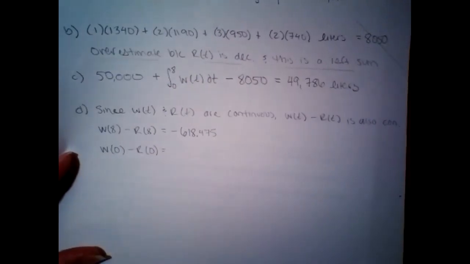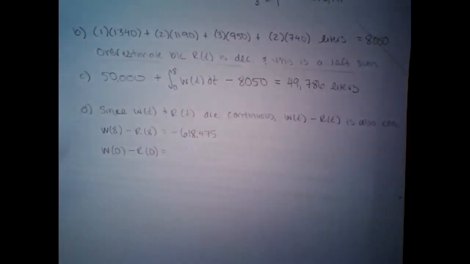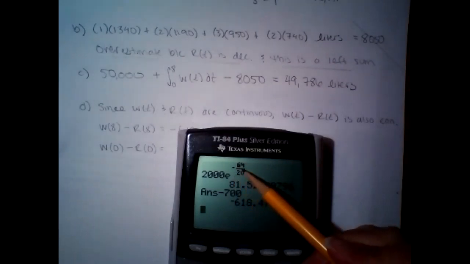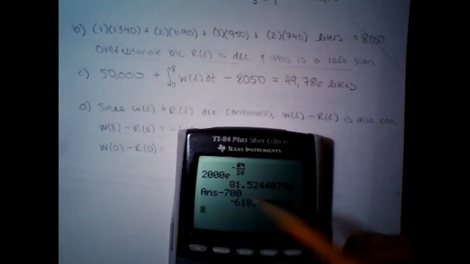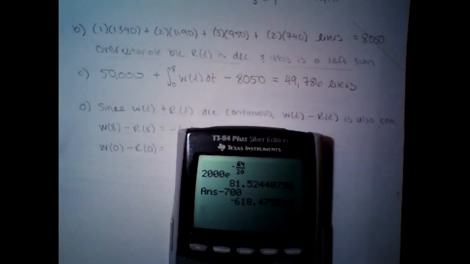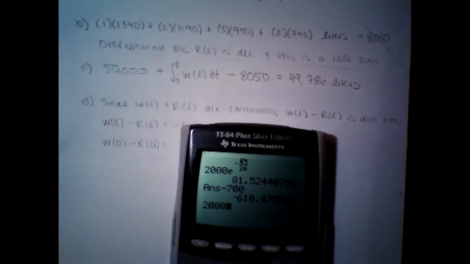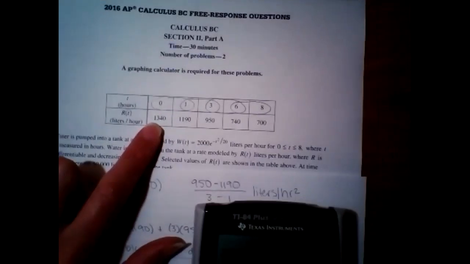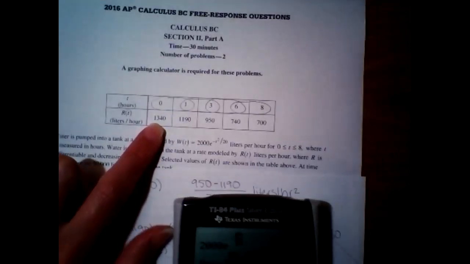And then we're going to do the same thing for 0. If I plug 0 into this function, e to the 0 power is 1, and then 1 times 2,000 is just 2,000. Then we want to subtract R of 0, which is 1,340.